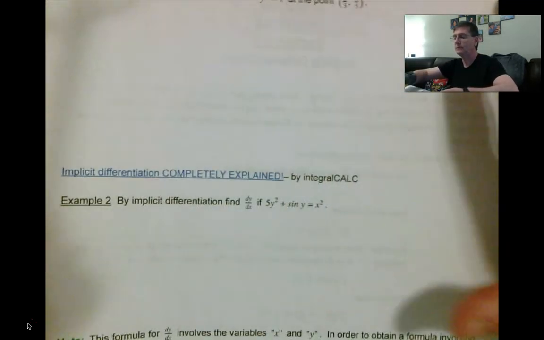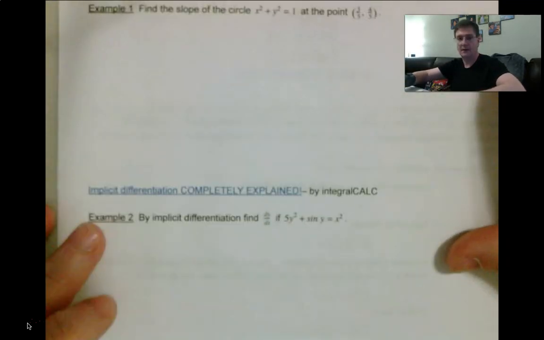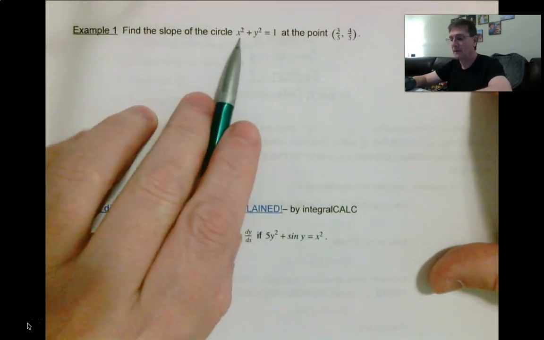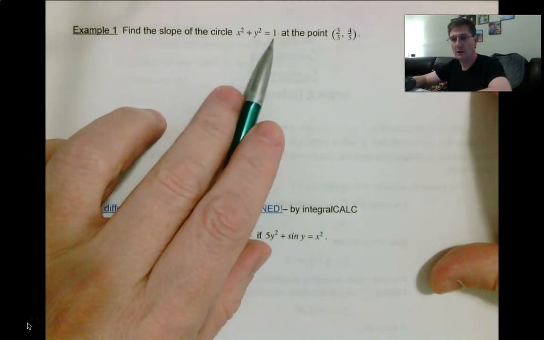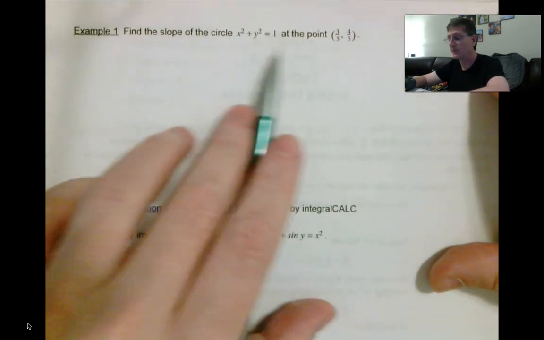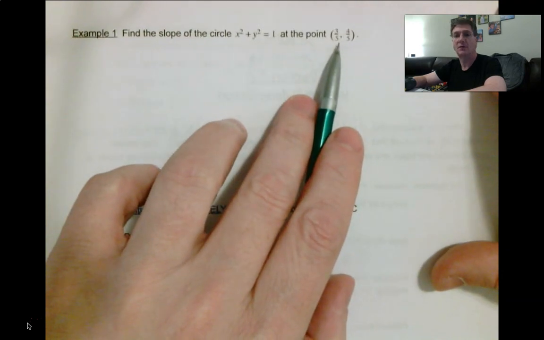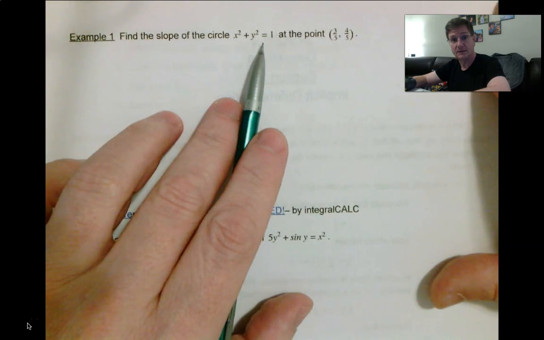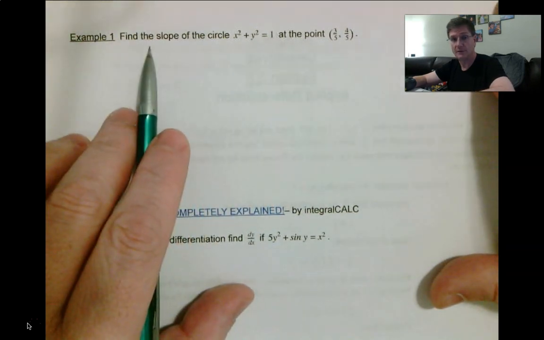Okay, let's take the time now to solve a problem together. So x squared plus y squared equals 1, and we want to find what the slope of this circle is at the point 3/5, 4/5. Okay, so I'm going to solve this derivative because slope is derivative.